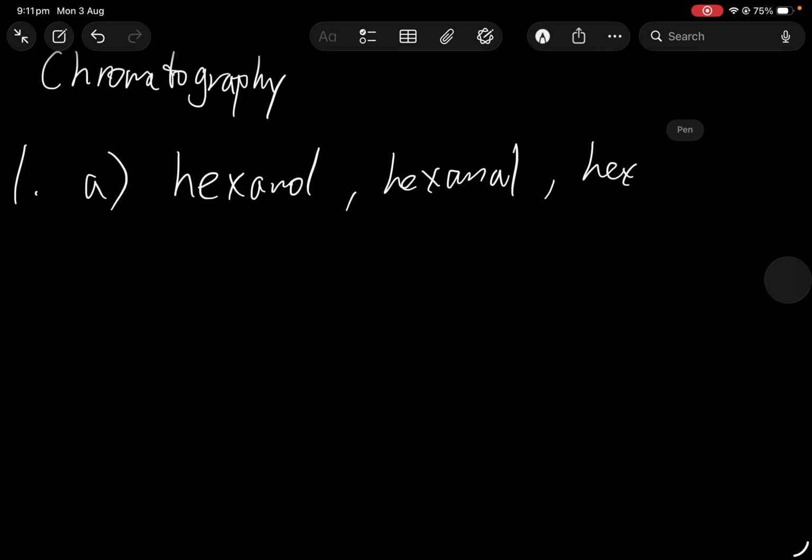Hexanol has dipole, hydrogen bonding, and dispersion, so it must be the most polar, and the most polar has the smallest retention time.